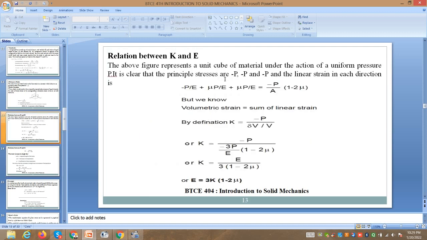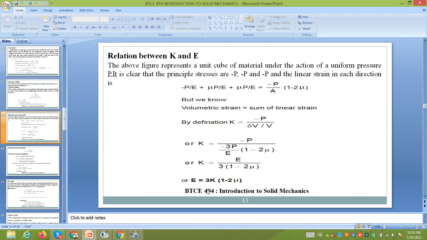If you look at this equation, E equals 3K(1 minus 2 mu), there are three parameters. One is Poisson's ratio. We have discussed it in my last class. Poisson's ratio is the ratio of lateral strain to linear strain, so it is also a unitless parameter.